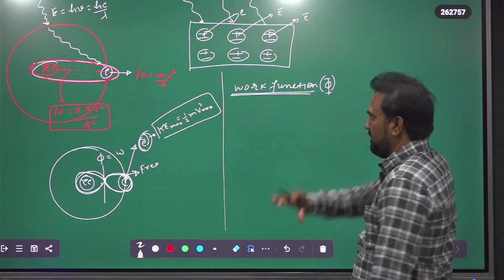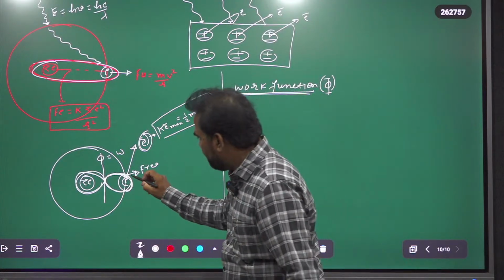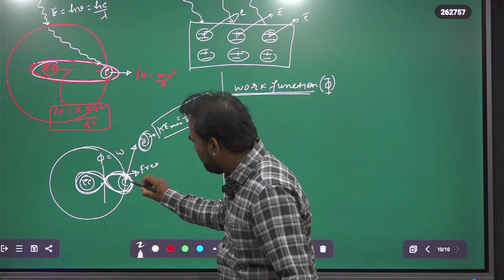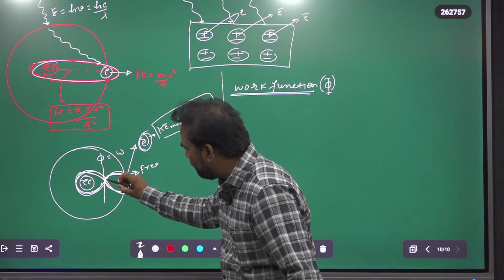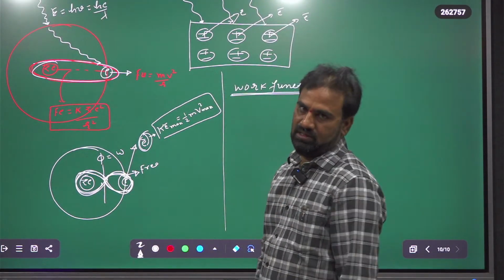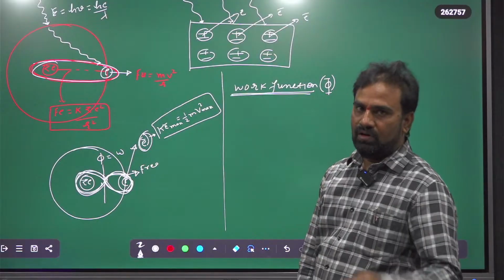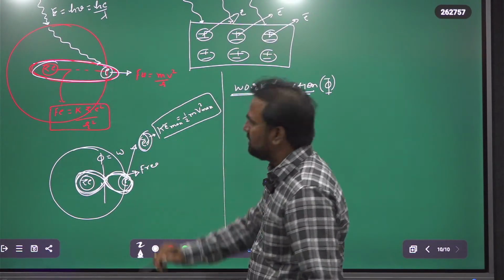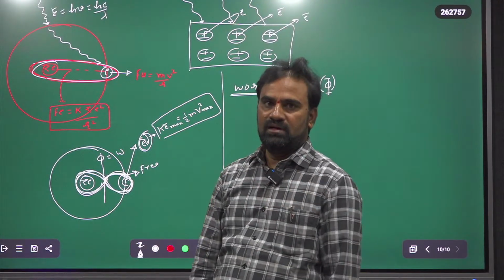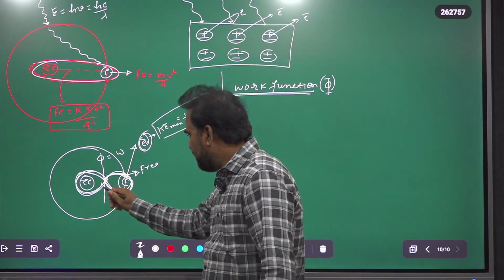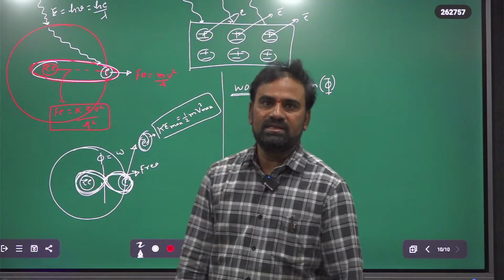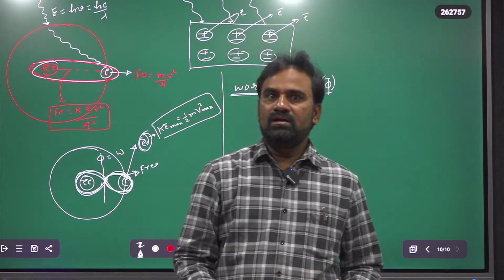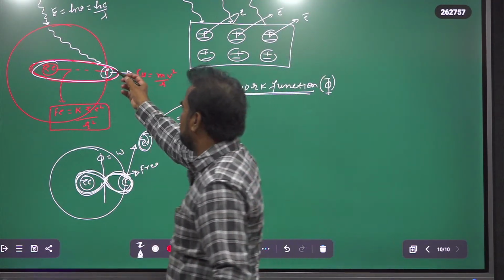I am denoting it here as pi. What is that? The minimum energy required for an electron to break up from the nuclear attraction force is called a work function. Or the minimum energy required for an electron to recoil from its orbit is also called work function. When it breaks from the nuclear attraction force, the electron recoils, otherwise it is not possible.